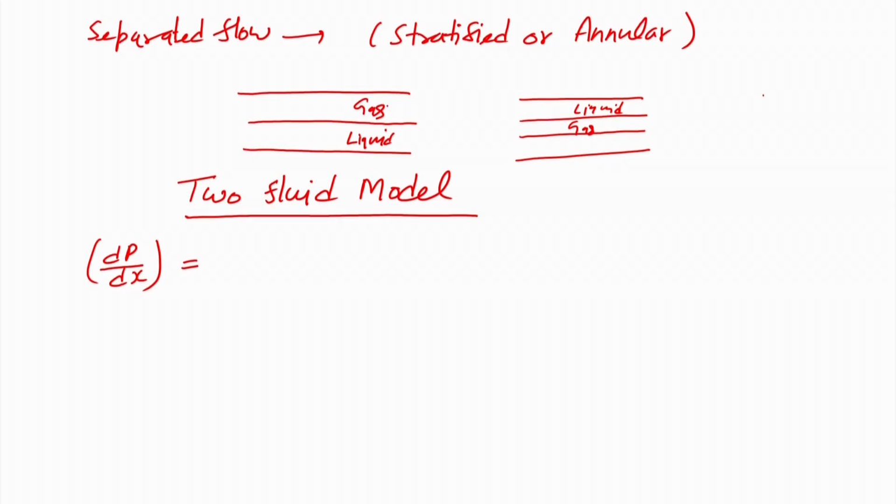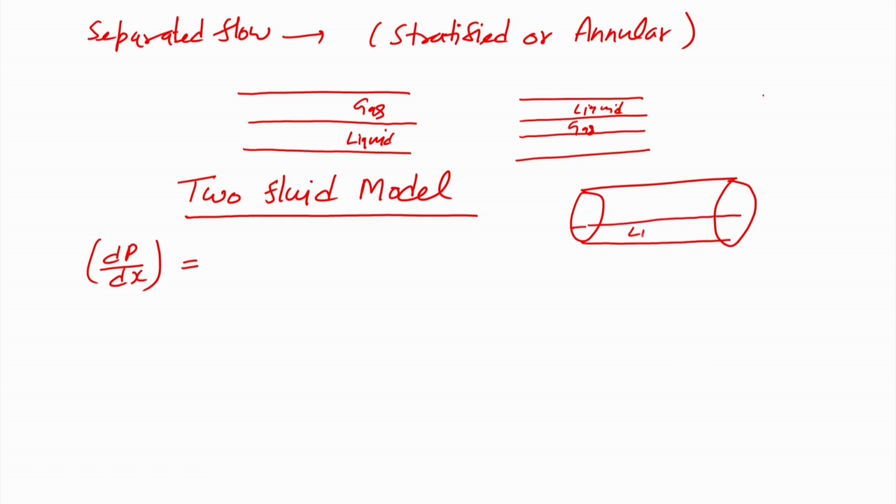Because there is two phase flow, suppose this is a pipeline, and if I am writing for the separated flow, suppose the liquid layer is there at the bottom and on the top gas is flowing. The dP by dx whatever you see is the pressure you see at the entire cross section.